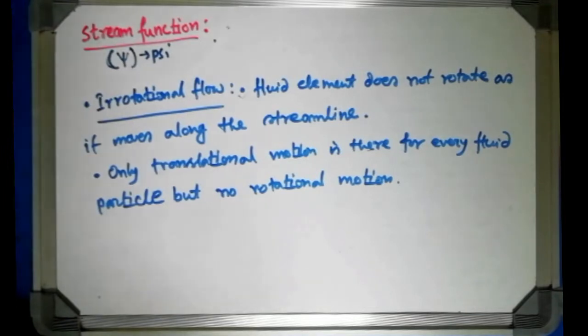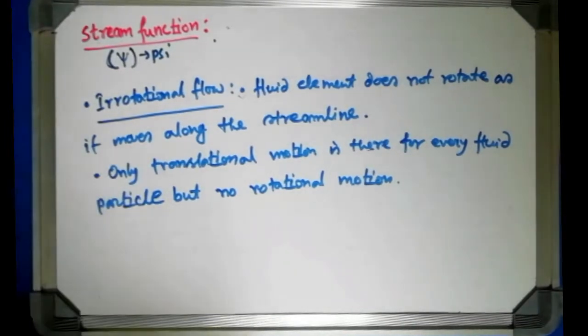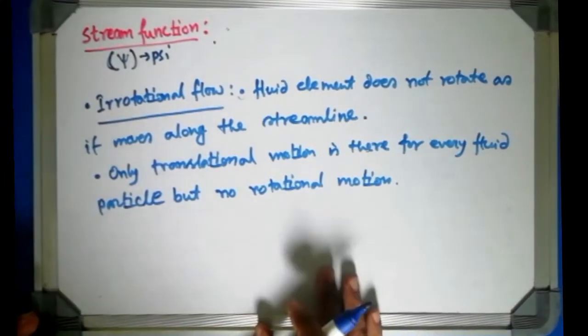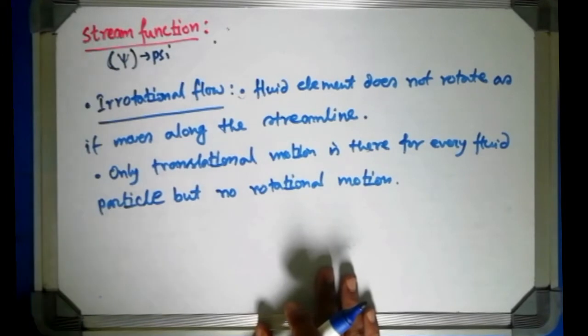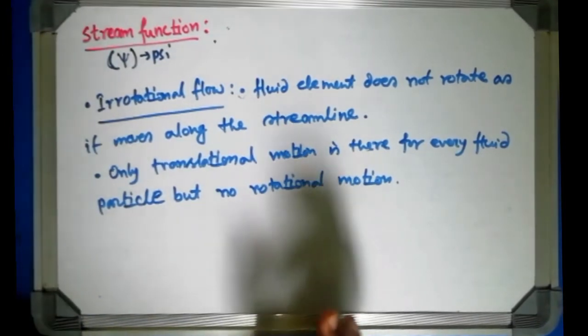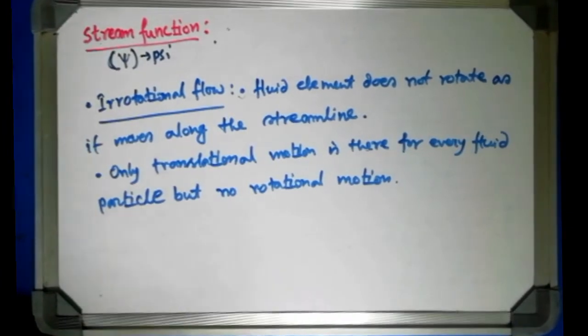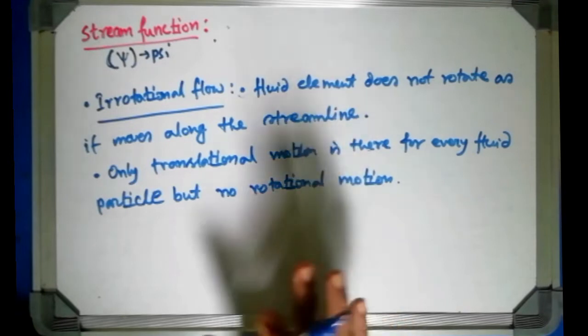Okay, so if I consider the 2D flow, obviously we are concentrating on 2D flow today because the stream function only exists for 2D flow. So if we consider a 2D flow, first I am going to write that in case of 3D flow, what are the rotational components?